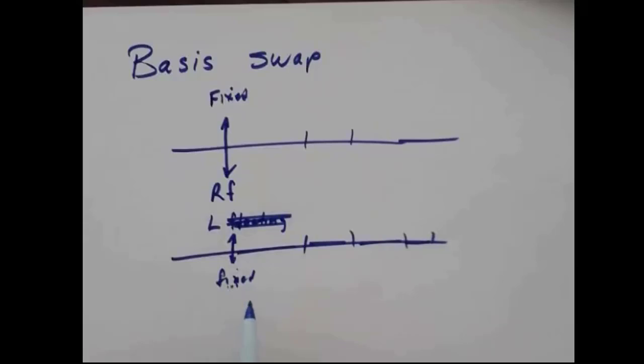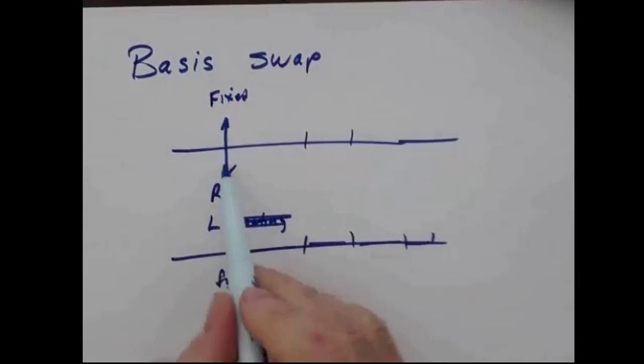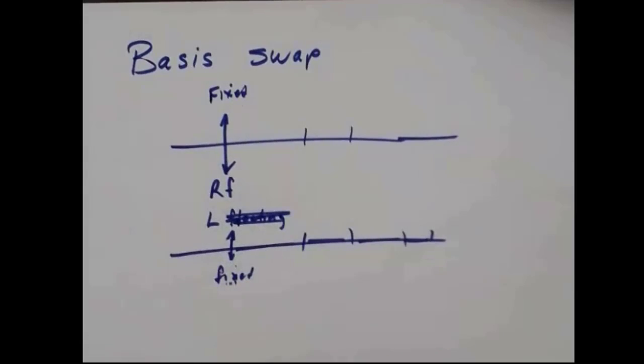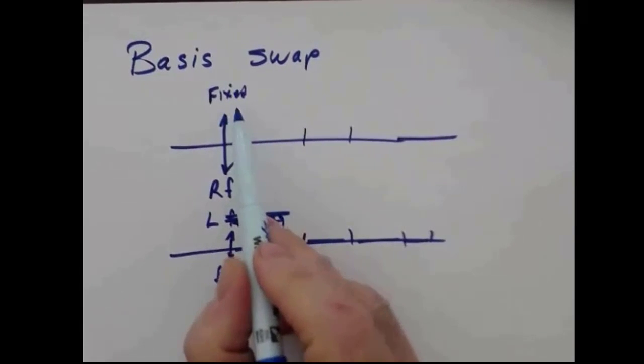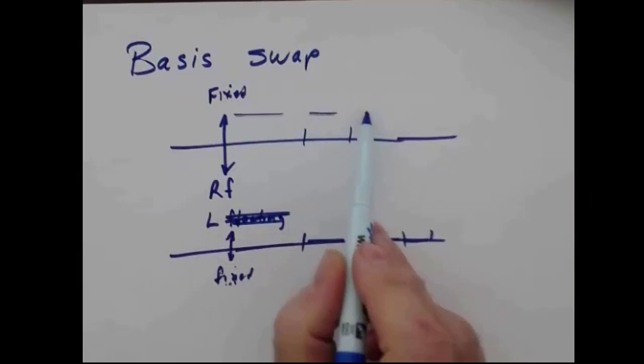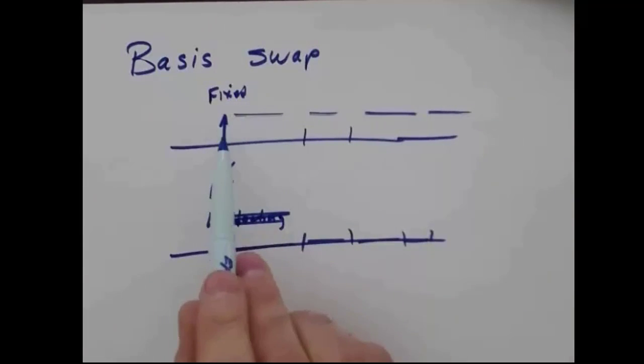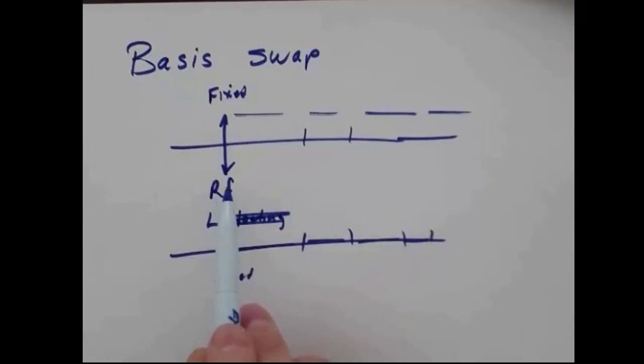This would simply be an average of those LIBOR rates. And then we would be actually receiving LIBOR as it materializes. The same thing with this swap here. This is basically a treasury swap, where we're receiving a fixed payment, and that payment is the average of the expected forward interest rates that we expect to see in the future. And then RF is the actual interest rate that materializes over there.